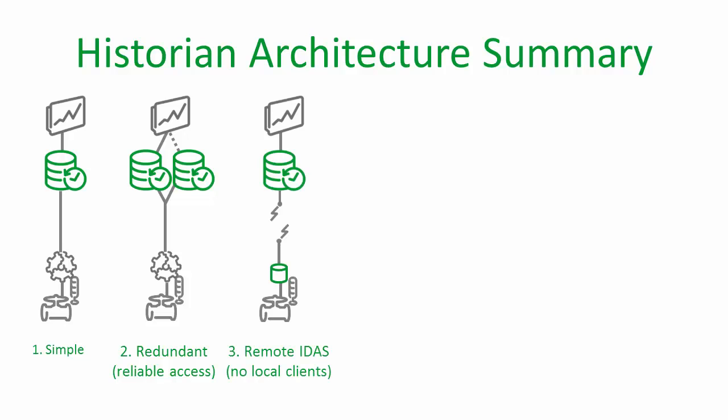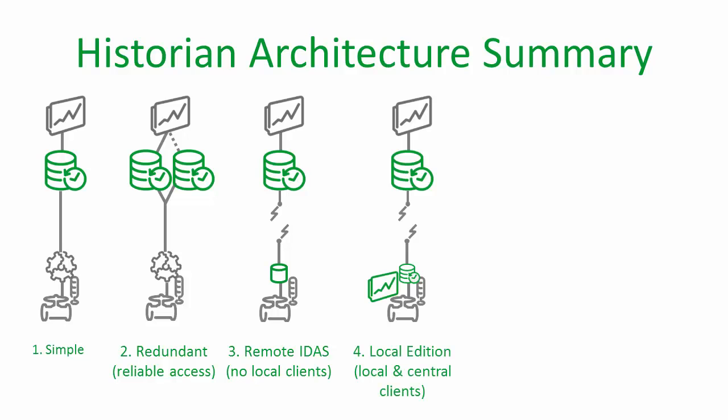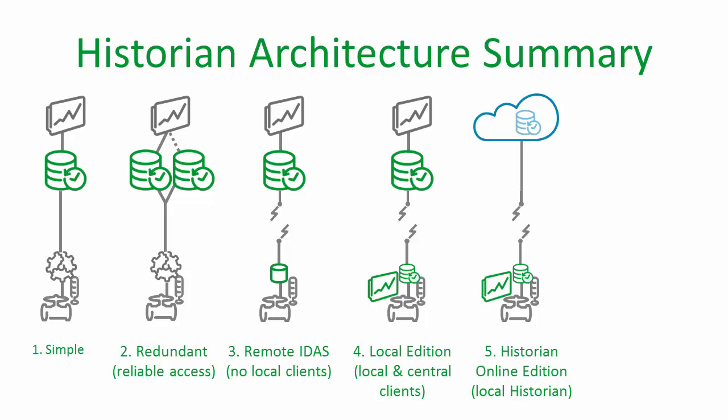I didn't really talk much about remote IDAS, but we do have an option to put just a data collector on a system and send reliable data to a remote historian. This is great when you don't have a need for local access to the data at the remote site. When you do need that local access, a Historian Local Edition is a far better solution. So I have that local high fidelity access as well as essential reporting support.